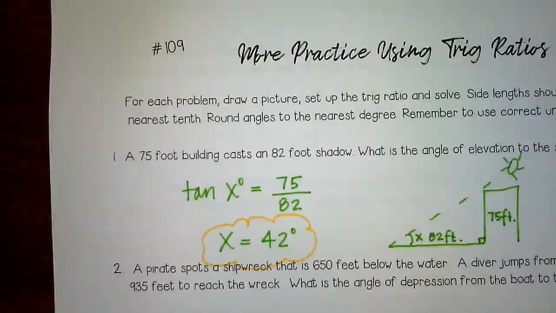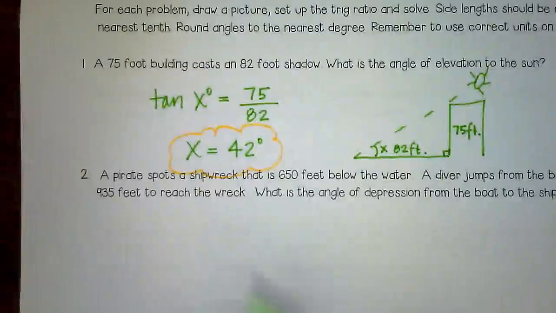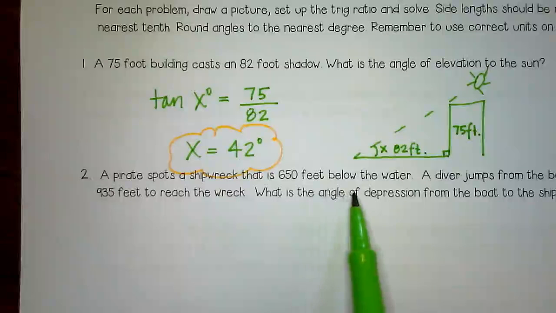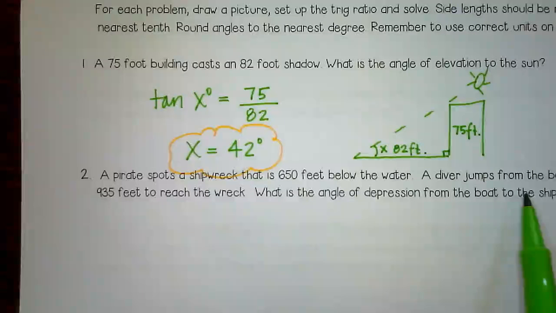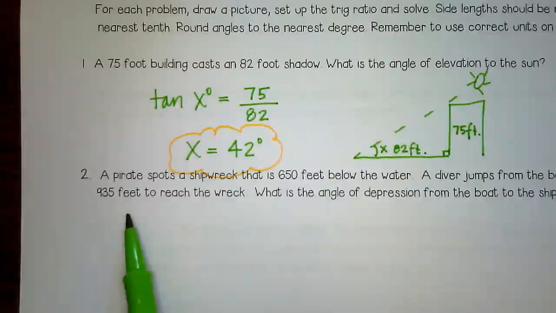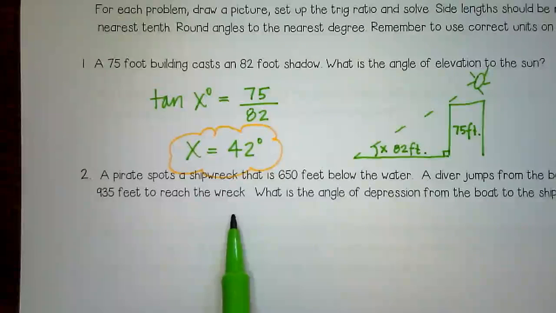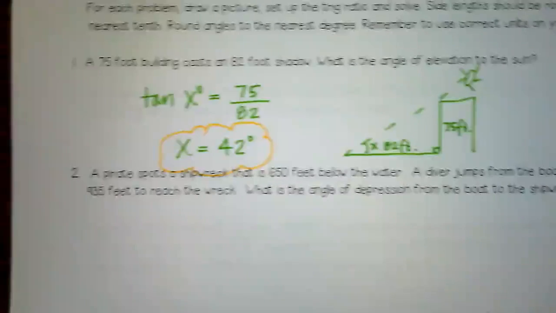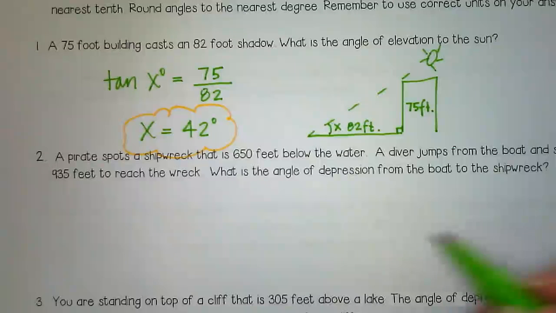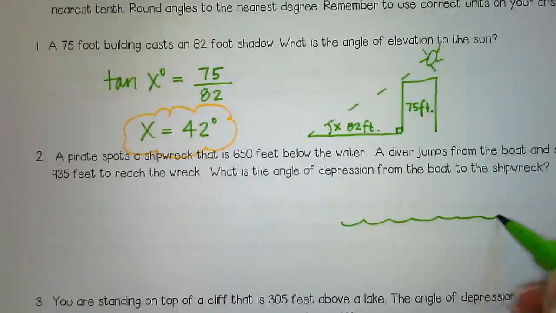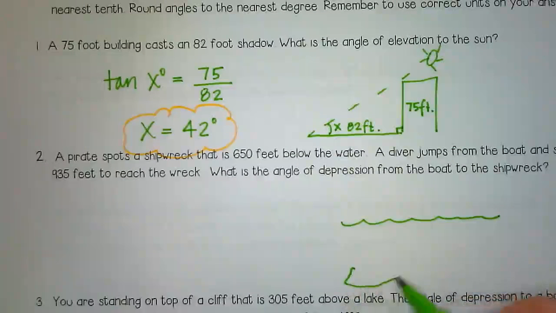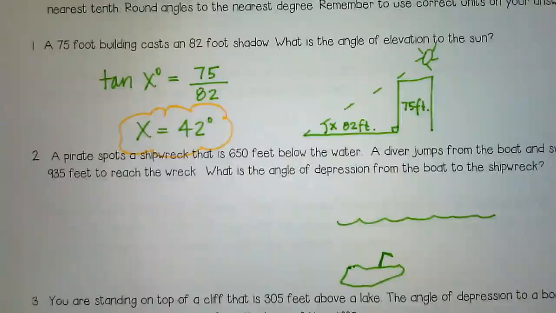All right, next up, a pirate spots a shipwreck that is 650 feet below the water. A diver jumps from the boat and swims 935 feet to reach the wreck. So what is the angle of depression? All right, so we have our water here. Here's our shipwreck, down at the bottom, we'll just say.